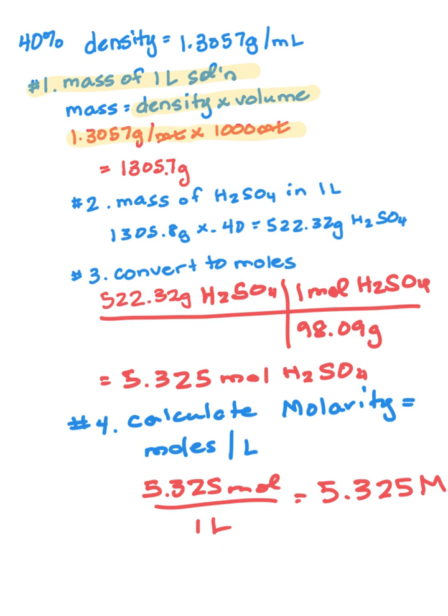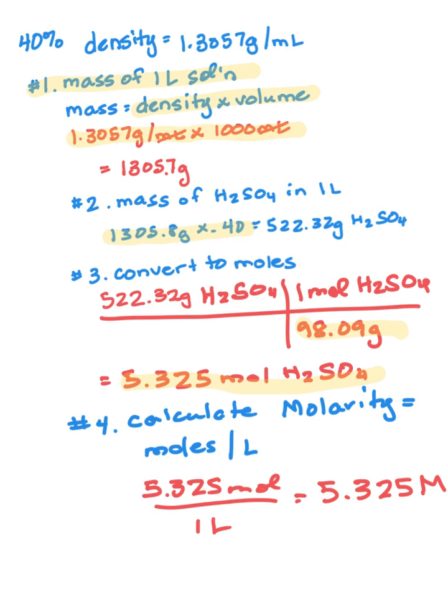So now I need to know what mass of that is my sulfuric acid. Well, 40% of it. So here's my total mass times my 40%, then the mass of sulfuric acid is 522.3 grams. Now I have to convert that to moles, so divide it by its molar mass. So I have 5.325 moles of my sulfuric acid. And then to calculate the molarity, I take how many moles divided by a liter.